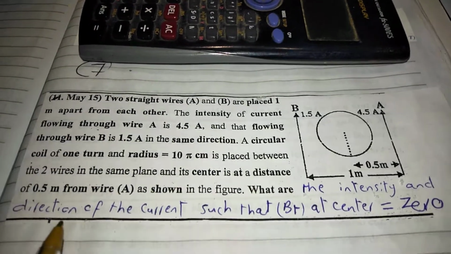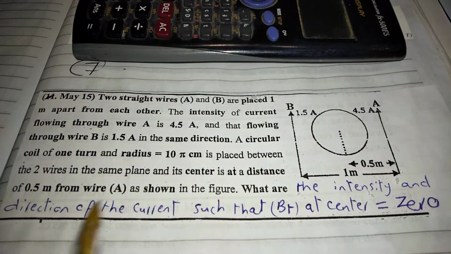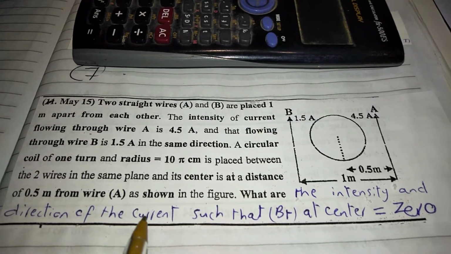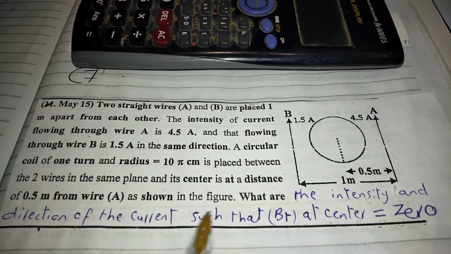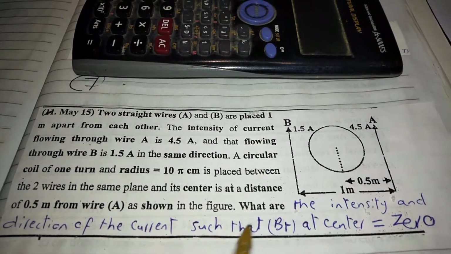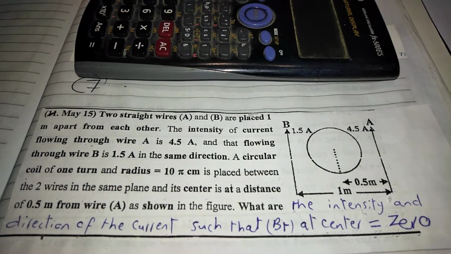What are the intensity and direction of the current passing through the coil such that the total field at the center equals 0?